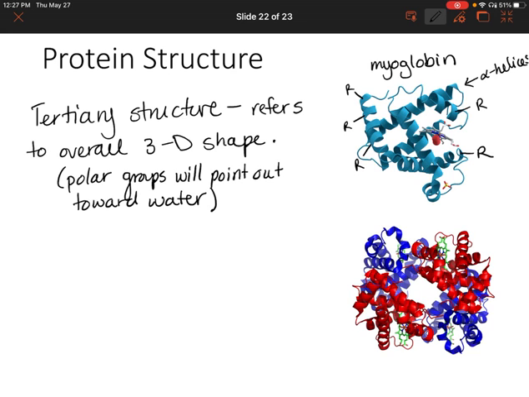Okay, and then the last type of structure is a quaternary structure. And a quaternary structure occurs when a protein has two or more subunits or polypeptide chains.